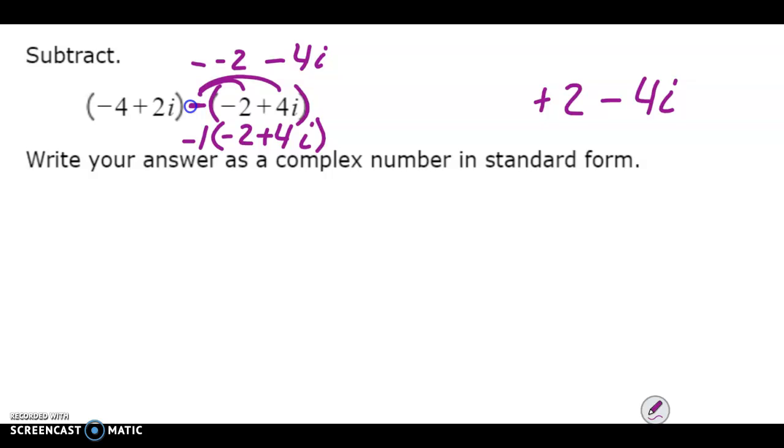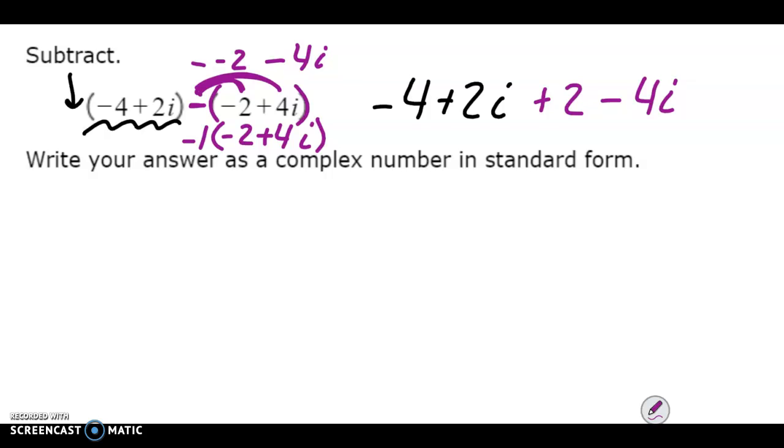Make sure you're subtracting a -2, which is adding 2, and then subtracting a positive 4i, which is -4i. Then that -4 plus 2i out front stays the same because there's nothing in front of it, and now you're able to combine everything with those parentheses gone. The only difference when subtracting is you have to subtract each of those terms like you're distributing a negative.